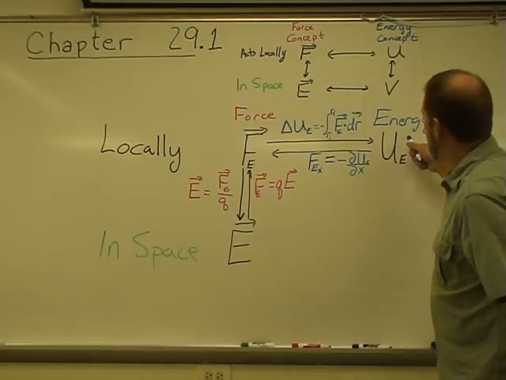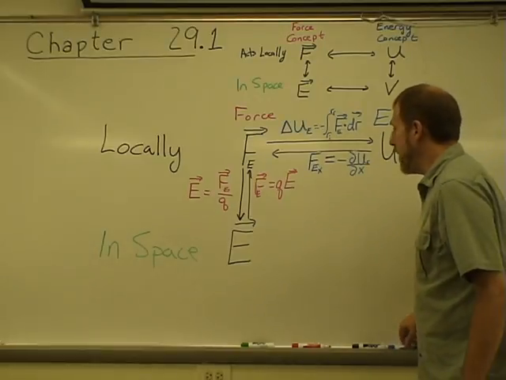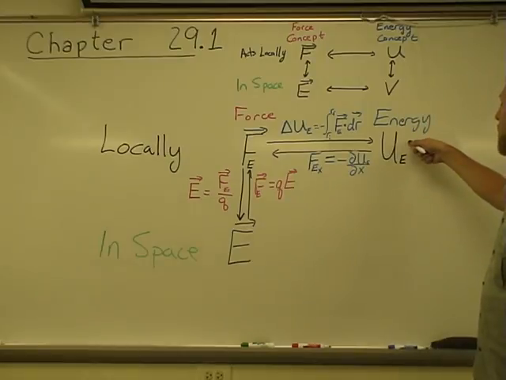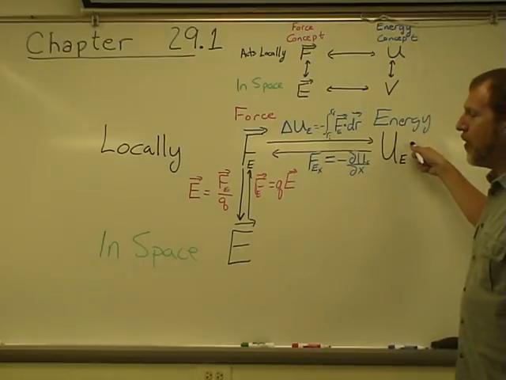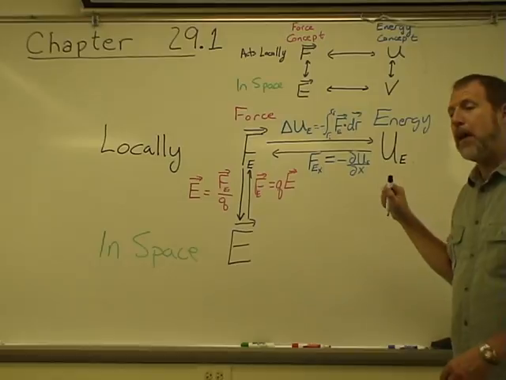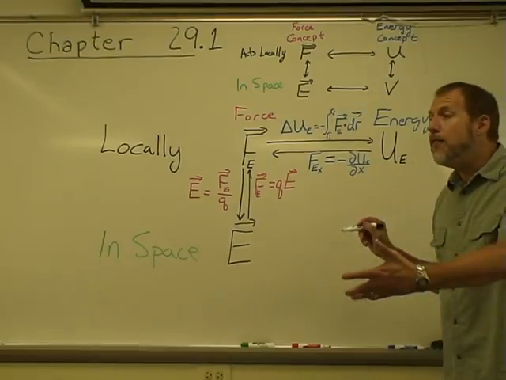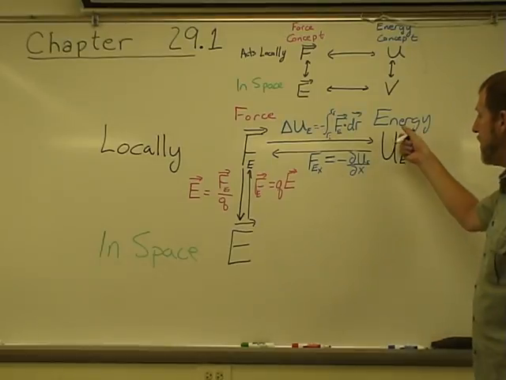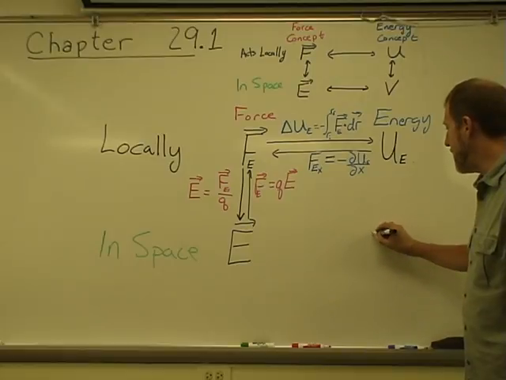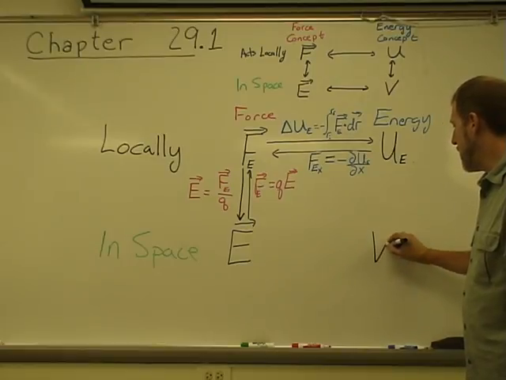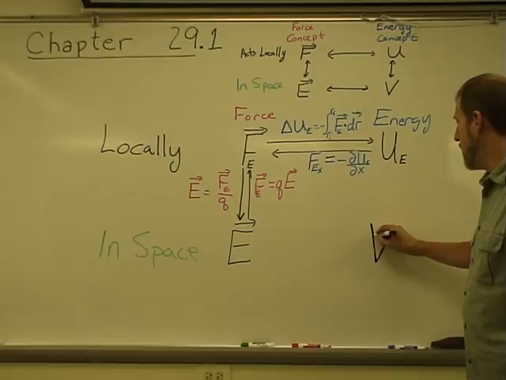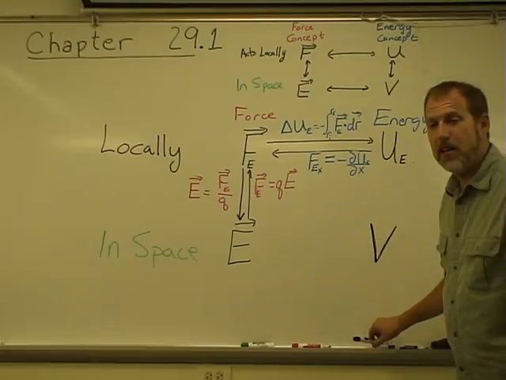Now, let's look at energy, not how energy is distributed among a system, but how it would be distributed if something else were there. So, energy in space, as it were, and that is electric potential.